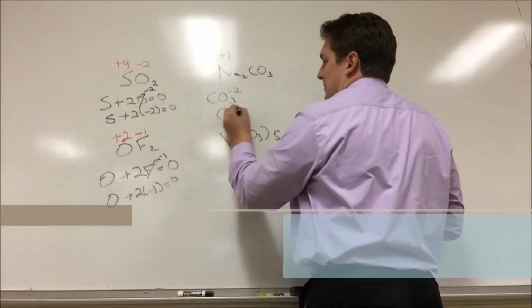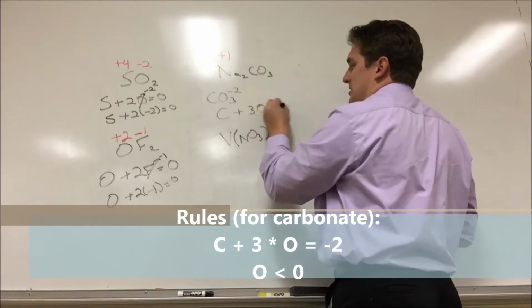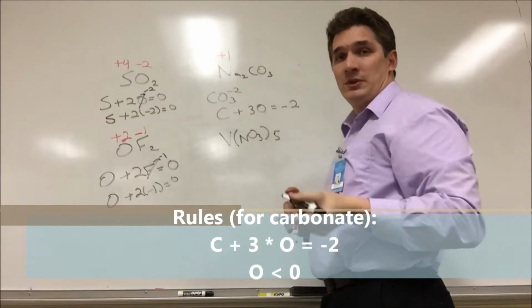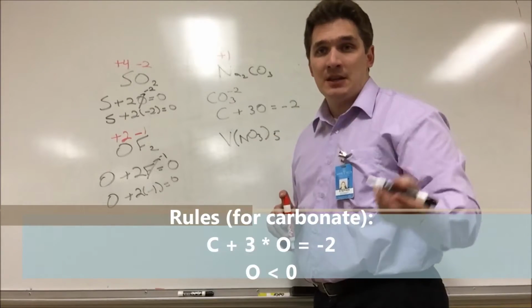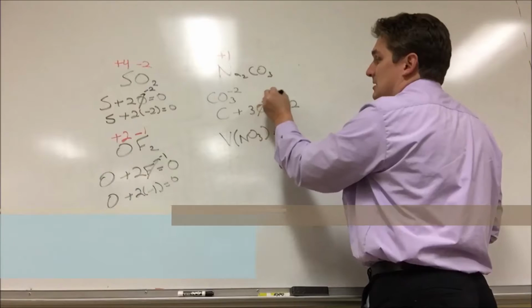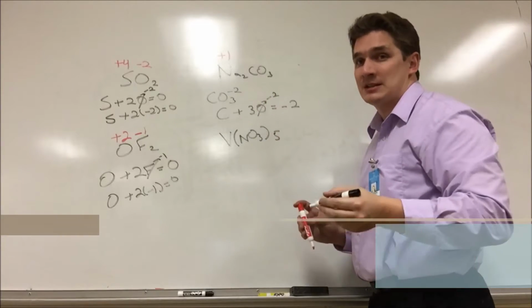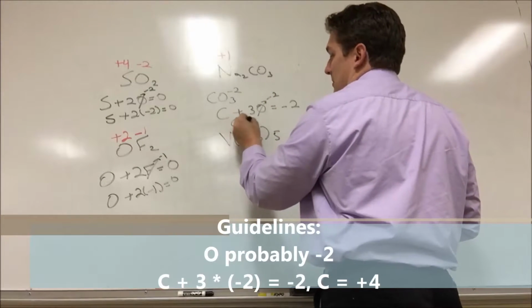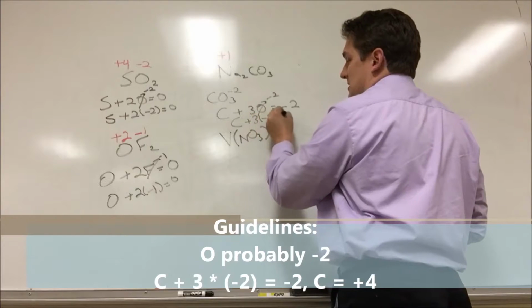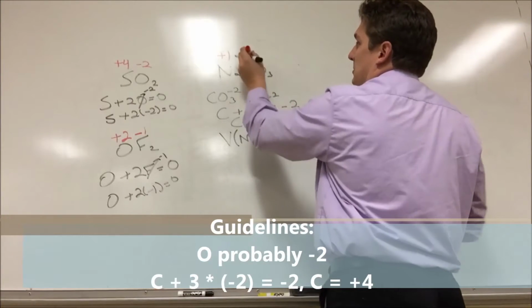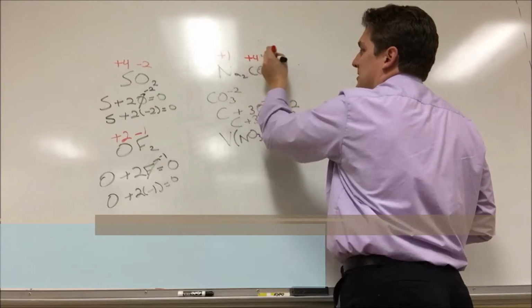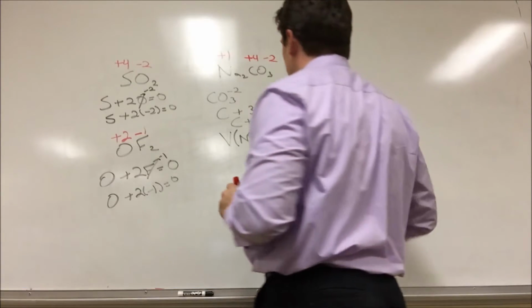So we have the charge on carbon plus 3 times the charge on oxygen equals -2. Our rule is that oxygen is more electronegative, so it's going to take the negative charge. In this case, again, it's going to take a -2 charge to fill up its octet. So we end up with a +4 charge on carbon and a -2 charge on oxygen.